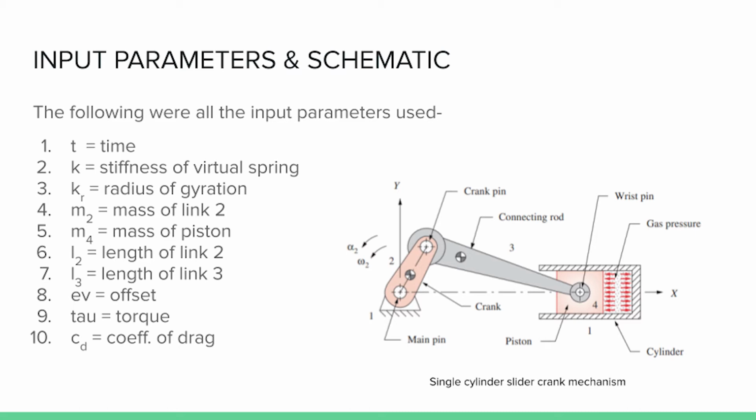We also have the lengths of link 2 and 3, which are represented by L2 and L3. We have the offset, which is represented by EV. We have the torque, which is represented by tau, and we have the coefficient of drag represented by CD. Here on this slide, we can also see a schematic of the single cylinder slider crank mechanism.